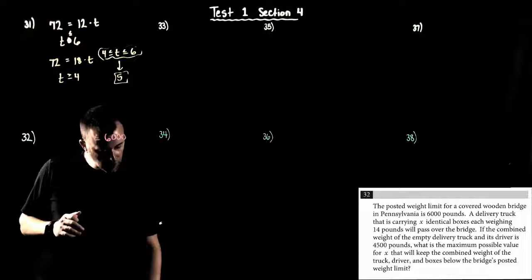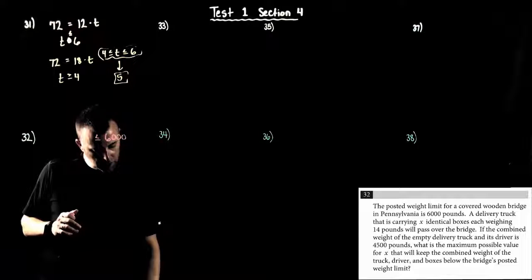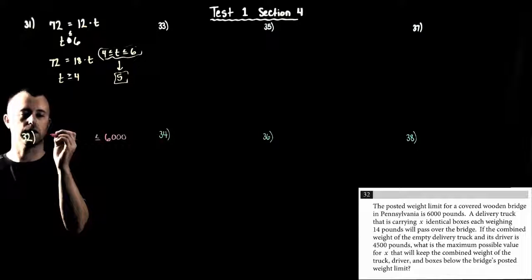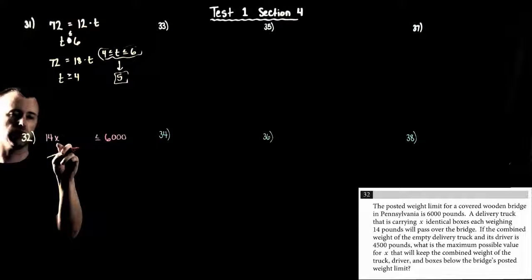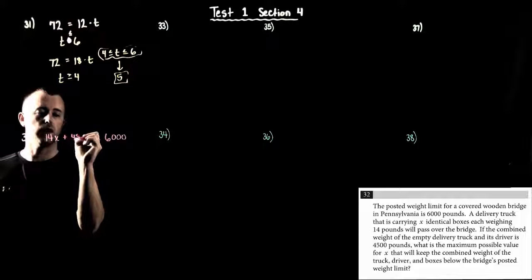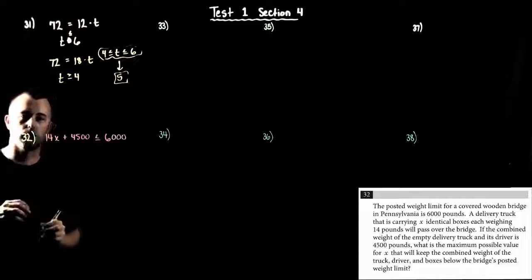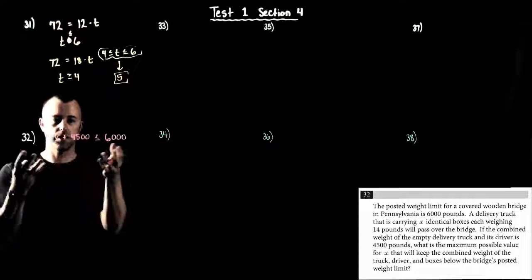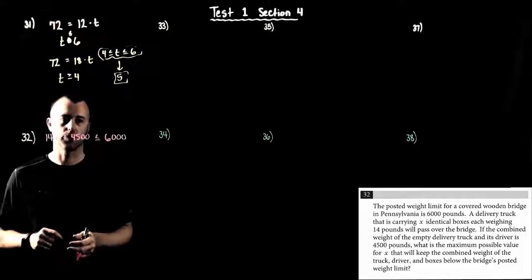So we have 14x, 14 pounds for each box, plus the 4,500 pounds that we initially had for our empty car. We want this to stay less than or equal to 6,000 pounds.